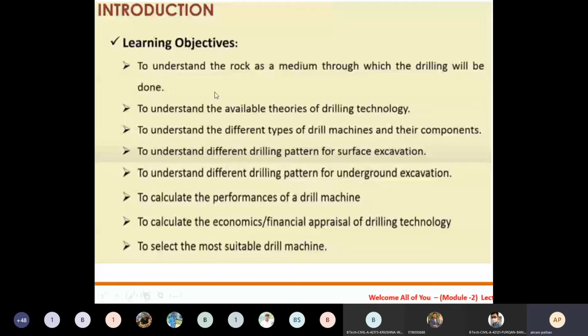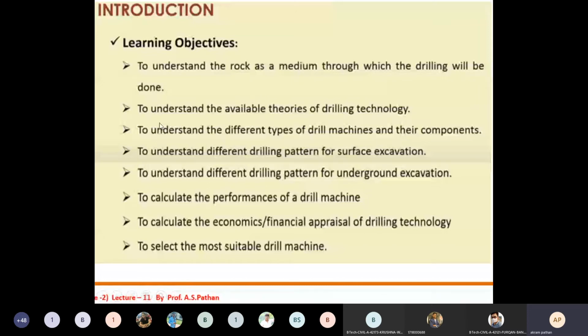If you see here, in case of drilling and blasting, what are our learning objectives? Once you understand these learning objectives, we are going to learn this technology one by one. The first learning objective is to understand the rock as a medium through which the drilling will be done.